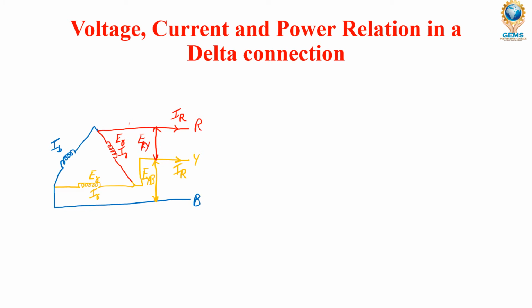This is the phase current, but when it comes to line current, here it is IL. Then here the phase voltage is EB. The line voltage is EBR.